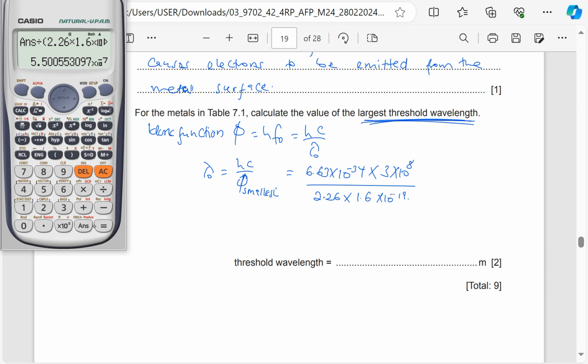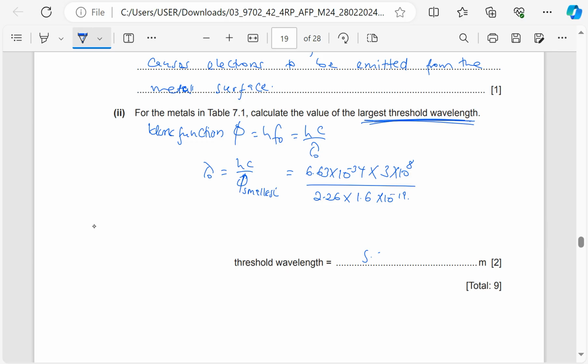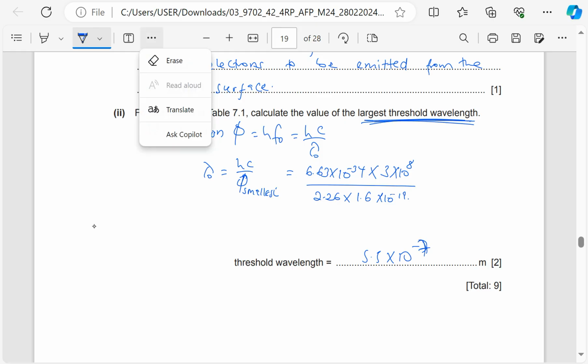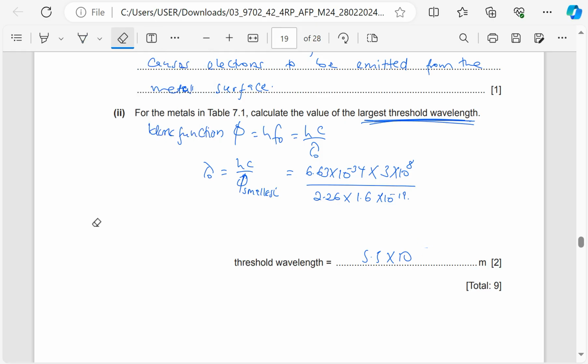So this is giving me 5.5 times 10 to the power of minus 7 meters.